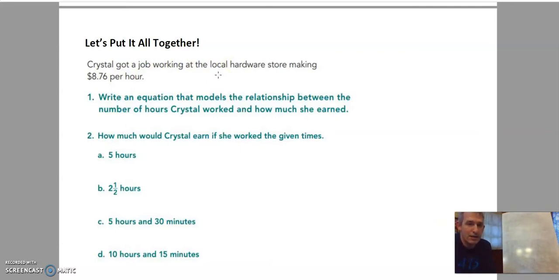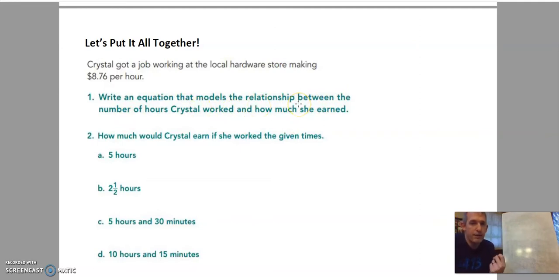It says, Crystal got a job working at the local hardware store making $8.76 per hour. So that asks us to write an equation that models the relationship between the number of hours Crystal worked and how much she earned. Okay, so the first thing we need to do is think of the two changing quantities. And the nice thing is they kind of outline that for us in the instructions.